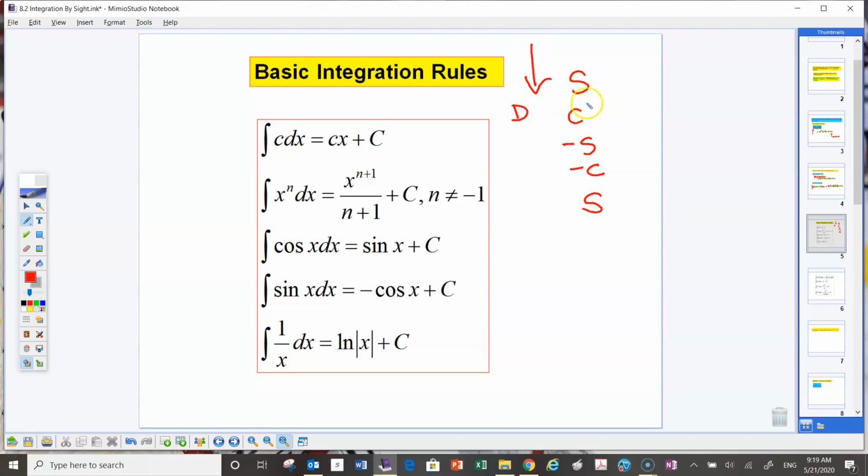So the derivative of sine is cos, derivative of cos is negative sine, derivative of negative sine is negative cos, the derivative of negative cos is positive sine. Going up this chart is the integral. So the integral of sine is negative cos, the integral of negative cos is negative sine, then cos, and the integral of cos is sine. So that chart is quite useful for memorizing our derivatives and integration of sine and cos.